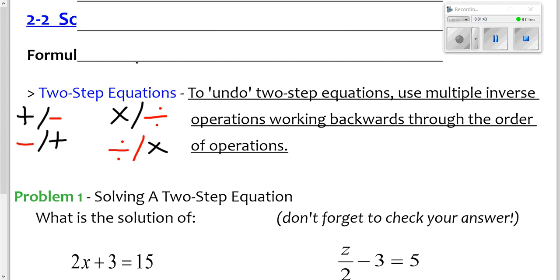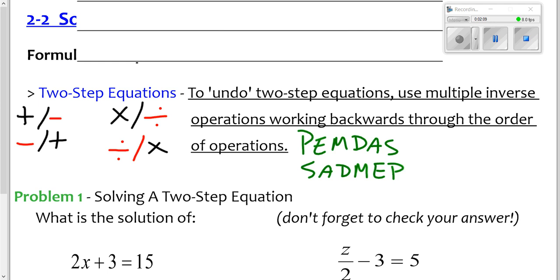If we remember too that order of operations is PEMDAS, okay, and to undo PEMDAS, we're going to have to work backwards through that order of operations. So we're going to have to do this. Okay, so SADMEP.